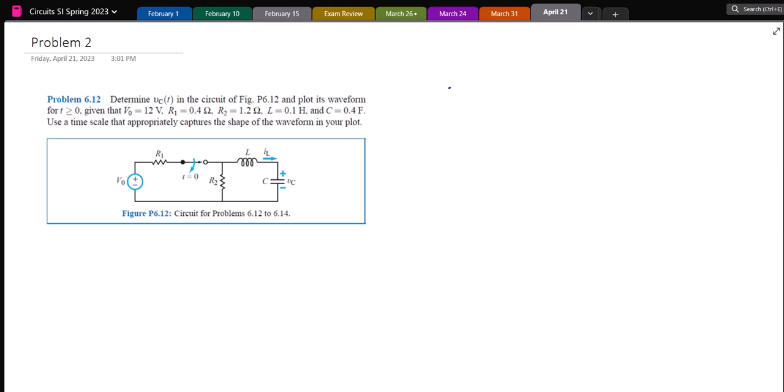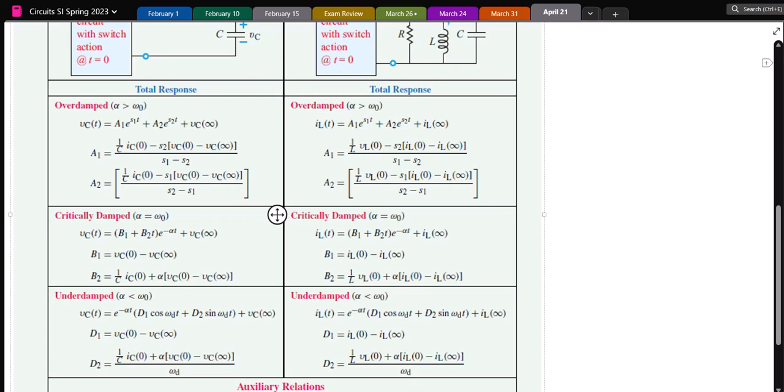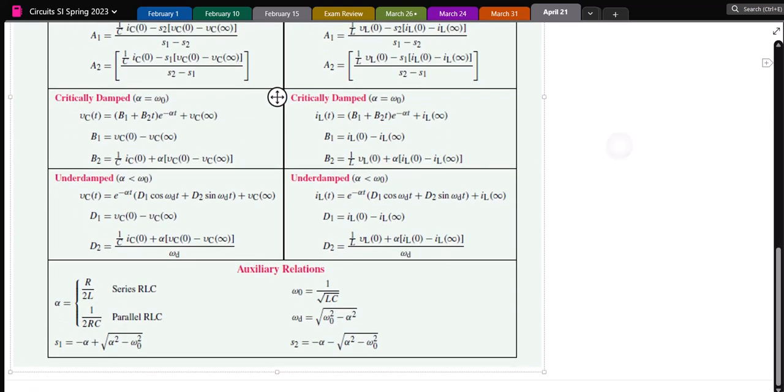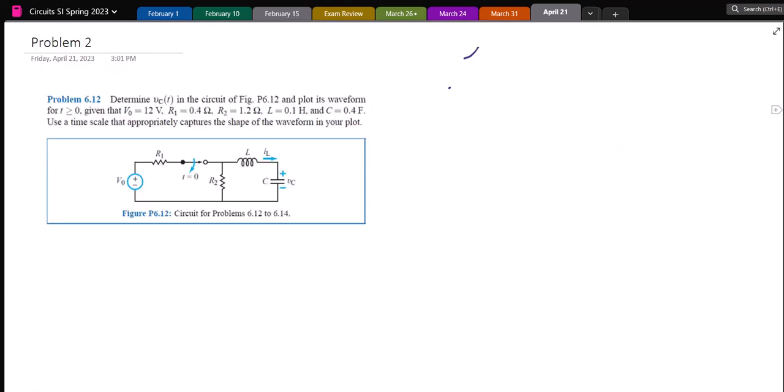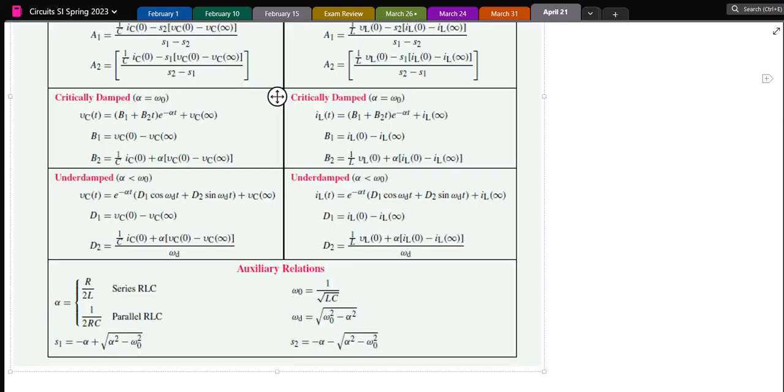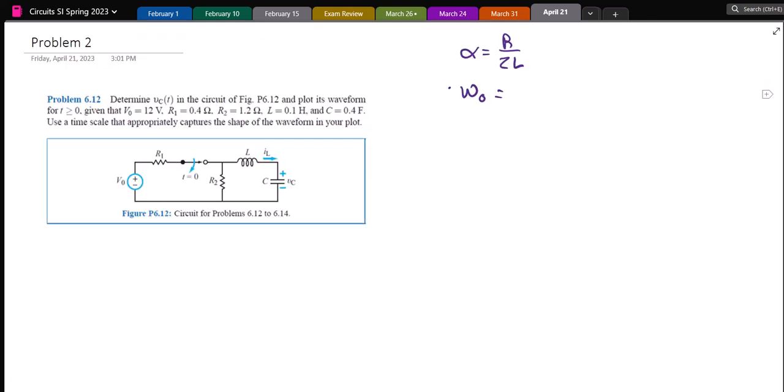And we know for a series RLC, we have that alpha is R over 2L, and omega naught, our resonant frequency, is 1 over the square root of LC.